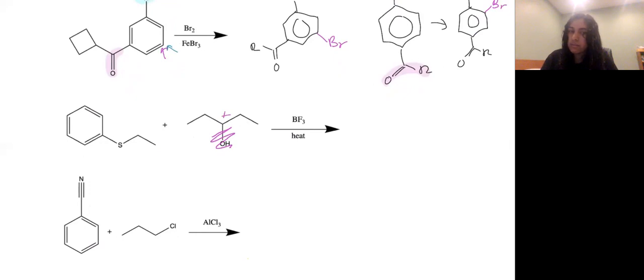But where are we gonna put it on the benzene? Where is the sulfur directing to? The sulfur is a resonance donor, so it directs ortho-para.